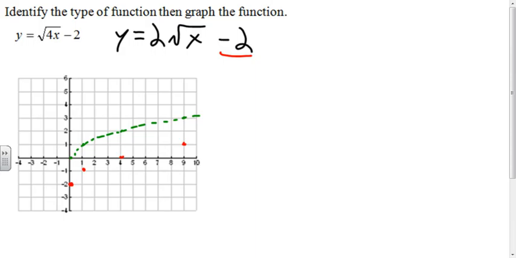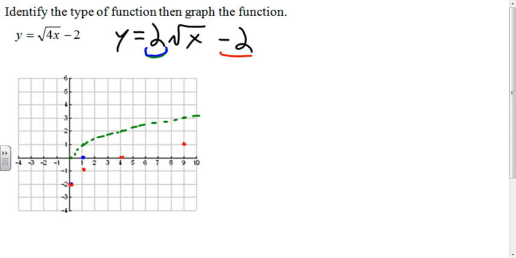But as well, we have this 2 out front here, which means it needs to stretch 2 from the vertex. So here it went from our vertex over 1 and up 1. Well, it should actually go over 1 and up 2 then. Here it went over 4 and up 2.